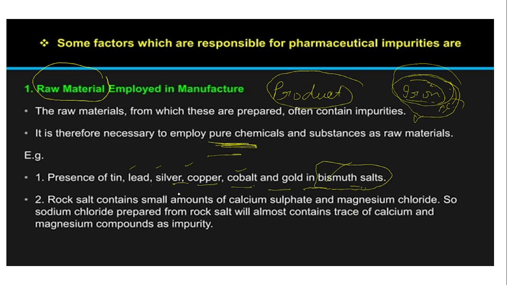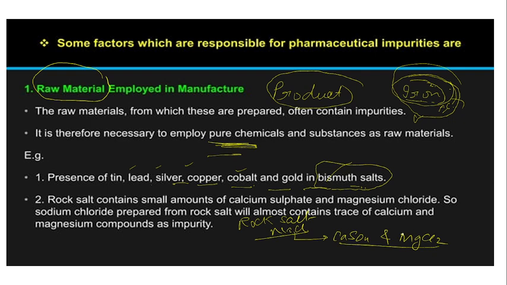Second, rock salt contains a small amount of calcium sulfate and magnesium chloride. What is this rock salt? Rock salt is just common salt, which is called NaCl. So this NaCl also has a small amount of calcium sulfate as well as magnesium chloride.